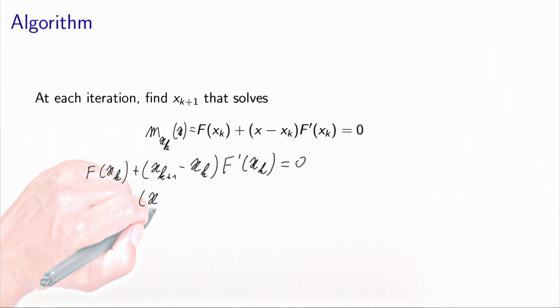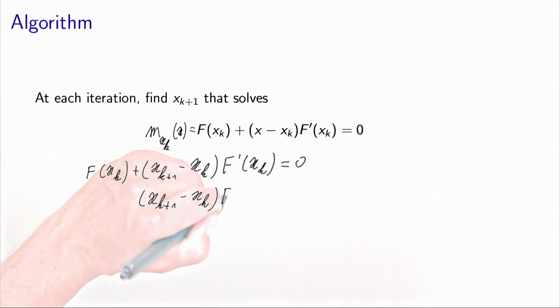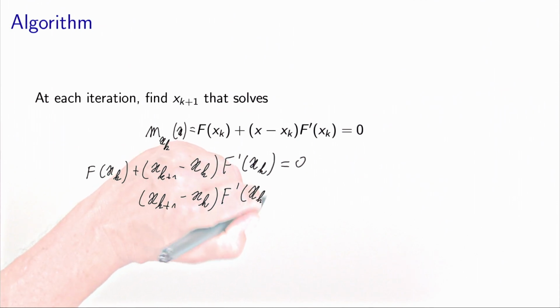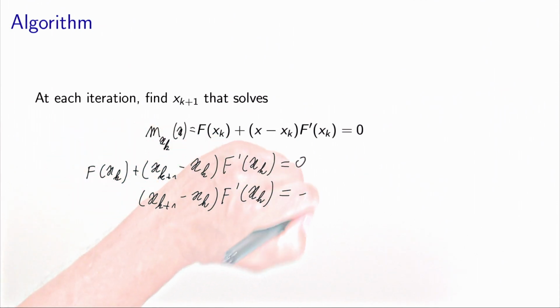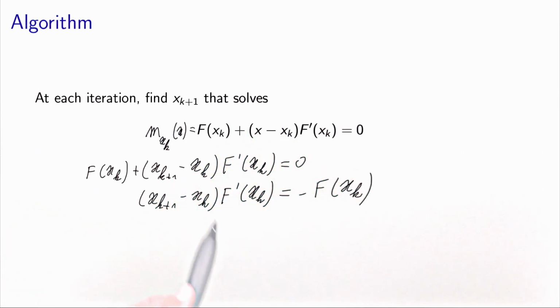So xk plus 1 minus xk times f prime of xk is equal to minus f of xk. Now let's assume that the derivative is not 0, and we can divide by it then.